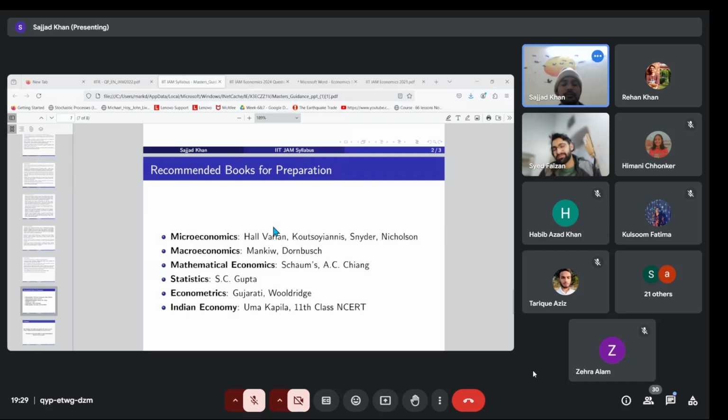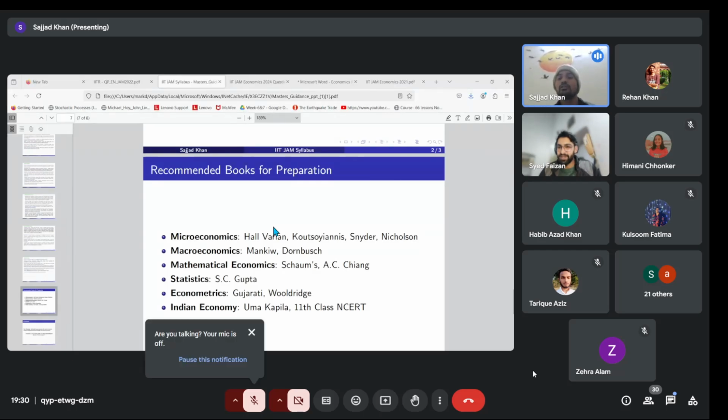After my bachelor's, I gave CUET also, in which I got DSE and JNU. But then I chose IIT Kanpur because I found it fascinating. The opportunities which they provide in IIT are very lucrative, and the tag which you get at IIT is obviously different.